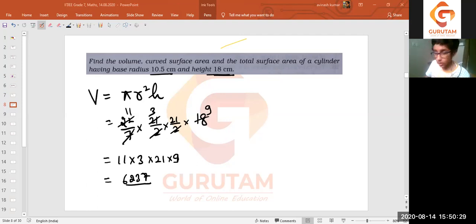Then this will become h plus r, which is 18 plus 10.5.